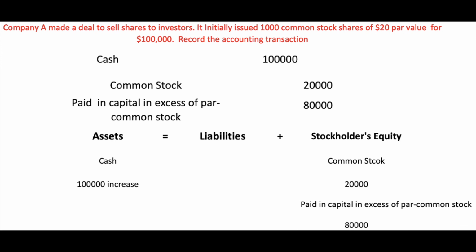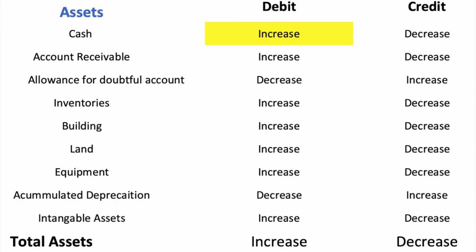Assets increase by $100,000 and stockholders' equity is increased by the $100,000. In this transaction, cash, common stock and paid in capital in excess of par are increased in the balance sheet.